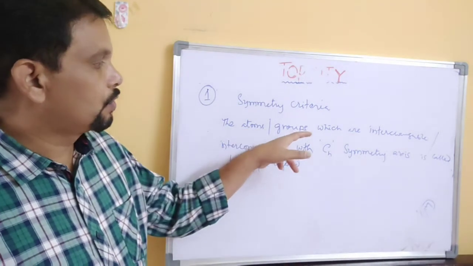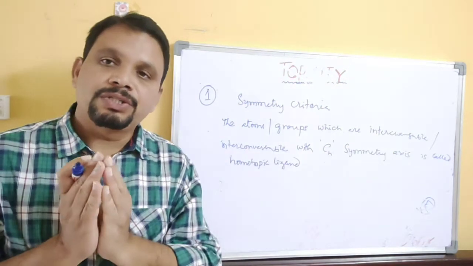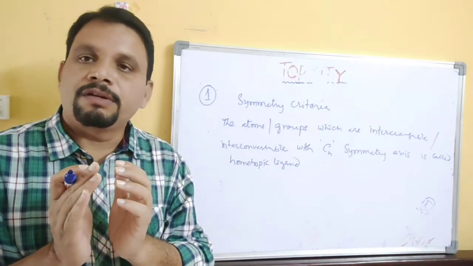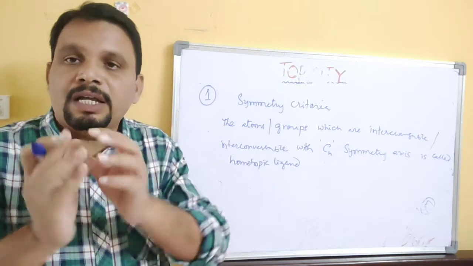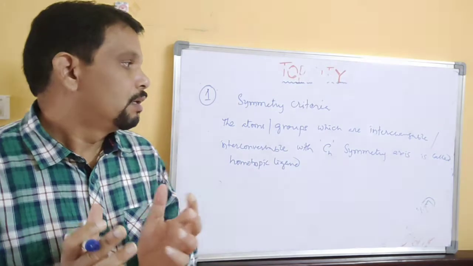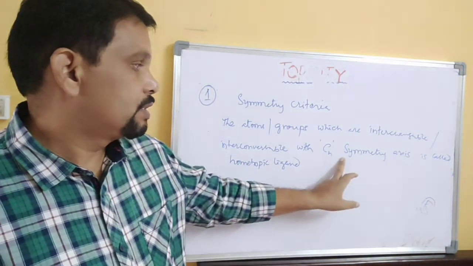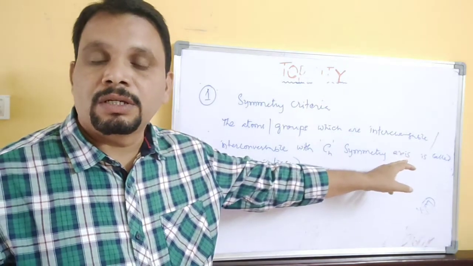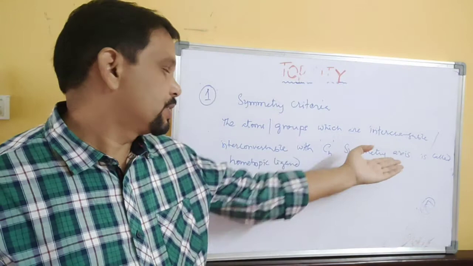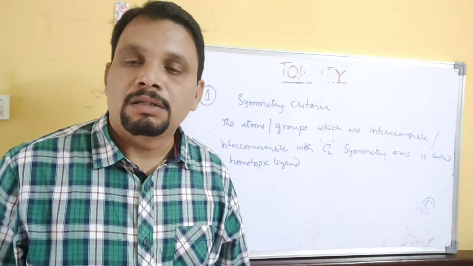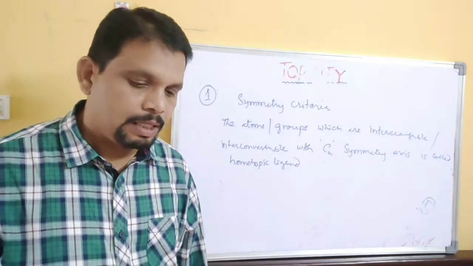The atoms or groups which are interchangeable, that means if two atoms or groups are interchangeable or interconvertible with a Cn symmetry axis, it may be a C2 or C3 axis like that, they are called homotopic ligands.